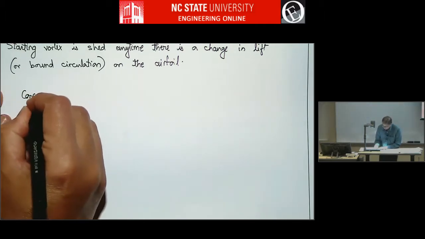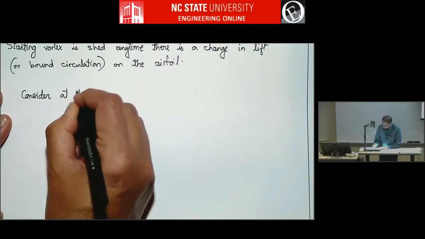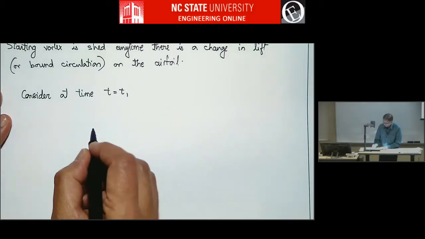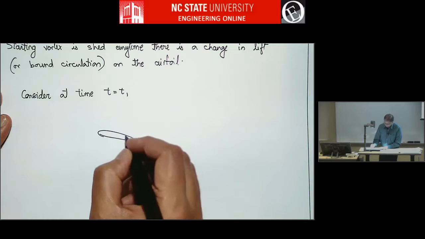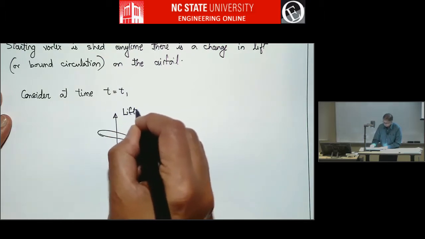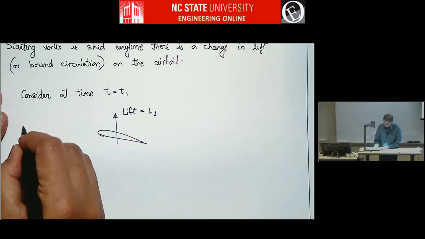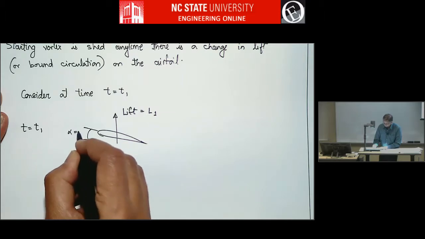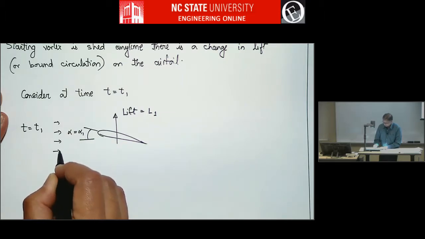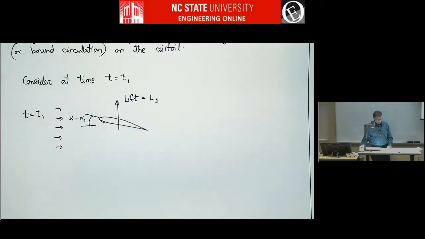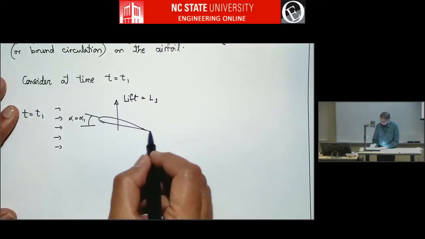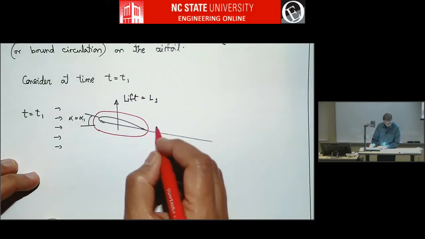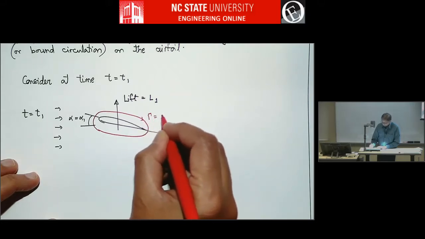So if you consider at time t equals t1, let's say you have an airfoil generating some lift, L1, and this is at t equals t1, alpha equals alpha 1, and the free stream is, let's say, horizontal for our discussion. So if you take a contour around the airfoil and calculate bound circulation, gamma equals gamma 1.